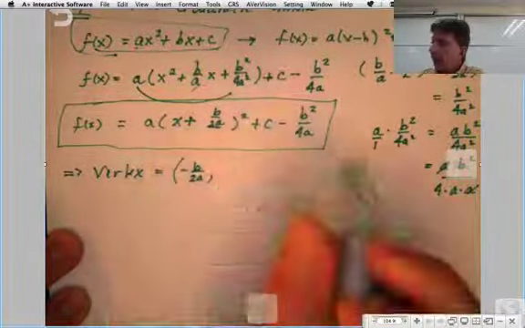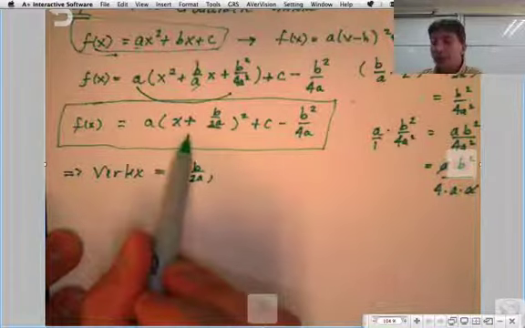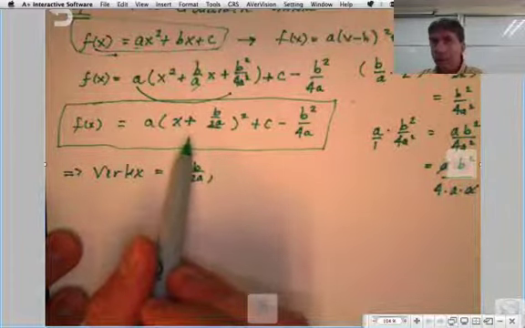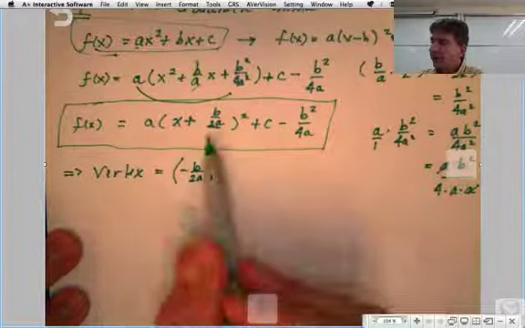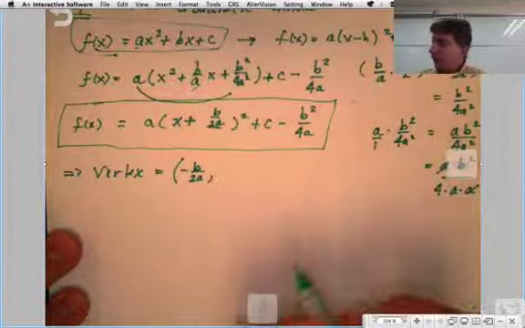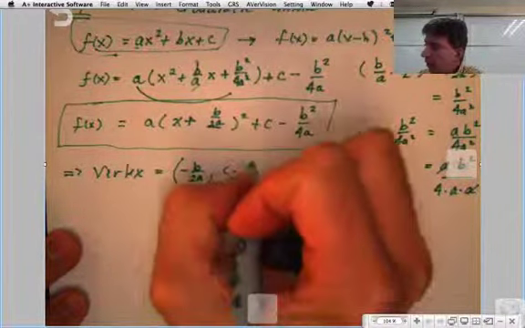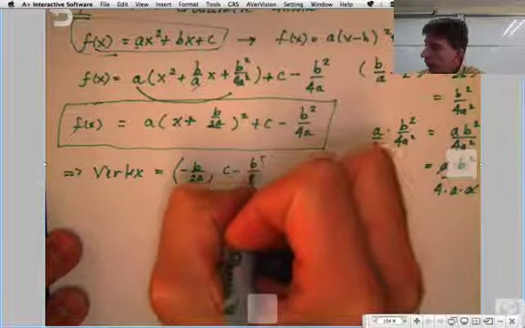Keep in mind that this represents the x-coordinate. For example, if this was x plus 3 squared, then the x-coordinate would be negative 3. So in this case, I have x plus b over 2a, so the x-coordinate is negative b over 2a. And the y-coordinate, not so nice: c minus b squared over 4a.